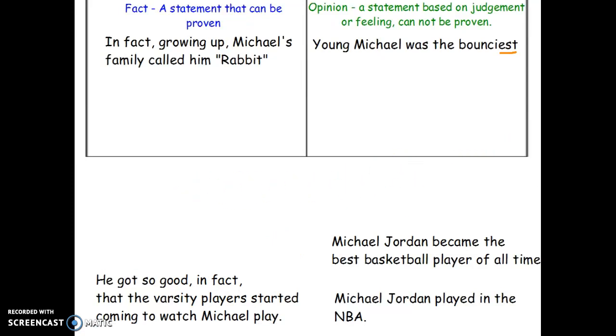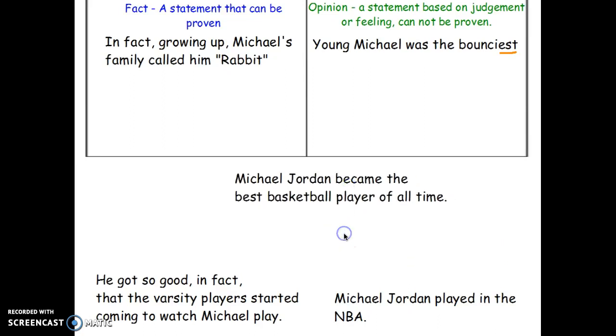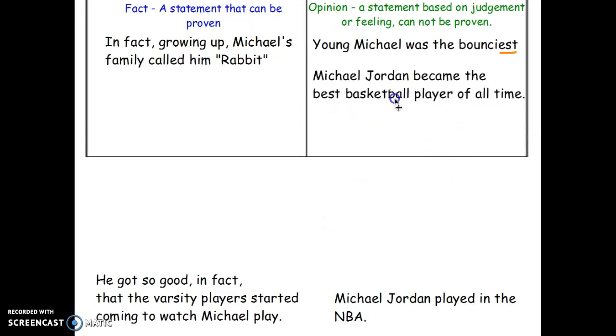Michael Jordan became the best basketball player of all time. I'll let you think for a minute. Would you think that's fact or opinion? This is an opinion. Michael Jordan became the best basketball player of all time. This is an opinion because it's based on someone's judgment or feeling. Okay?